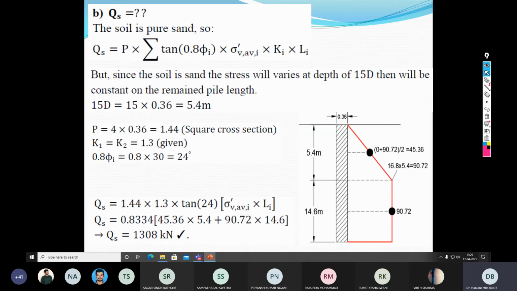Now the next step is, how do you determine the skin friction capacity using the Meyerhof theory? Just refer to the handout that was given to you.